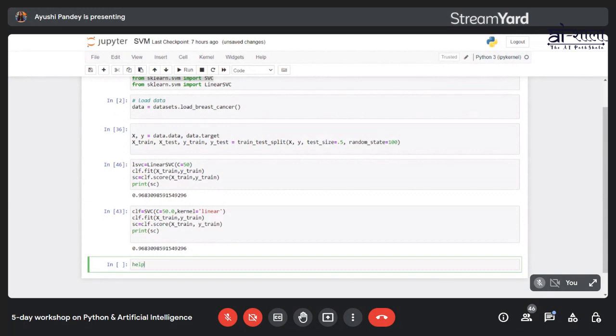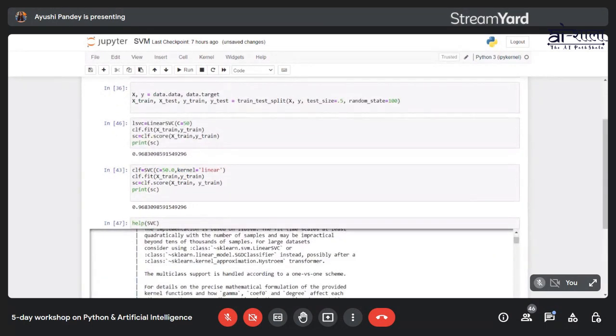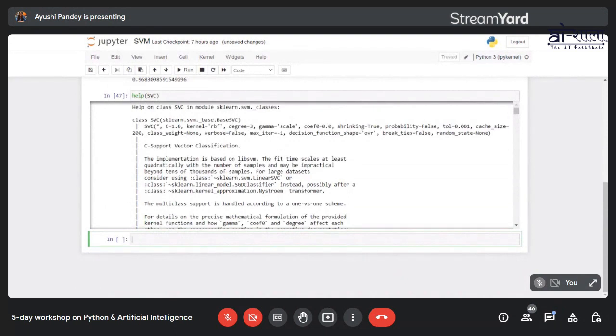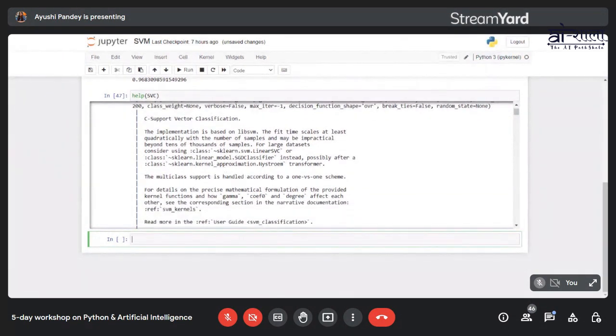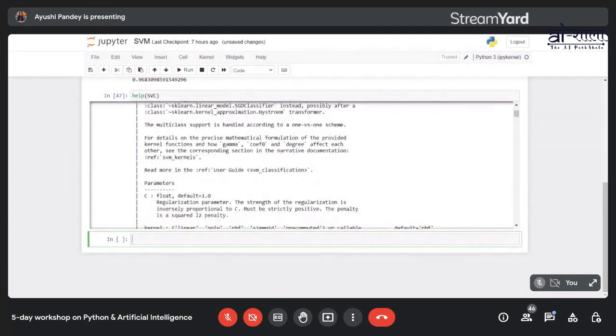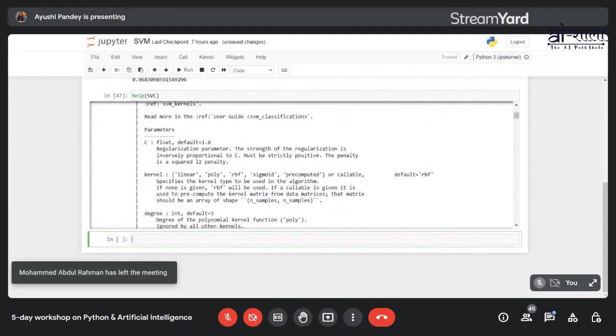So, help SVC. These are all the parameters this function takes. C is equal to 1, it is default. Kernel RBF is default. So these are all the values it takes. I'm not going into the deeper maths of SVC, but yeah.